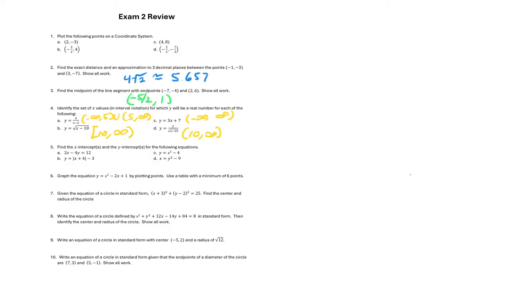Find the x and y intercepts for the following equations. So for part A, we will find the y-intercept by plugging 0 in for x. So we get 2 times 0 minus 4y is equal to 12. Negative 4y is equal to 12. y is equal to negative 3.